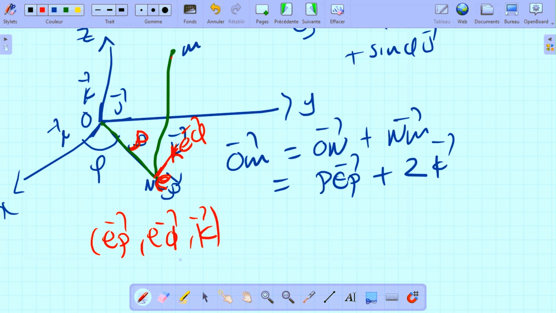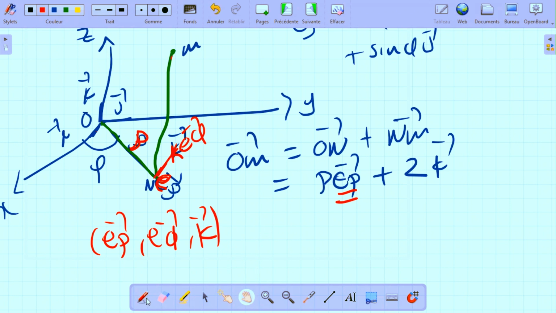This is what you need to know about the système de coordonnées cylindriques. There are no new unit vectors that are defined in the cylindrical system, because you borrow e rho and e phi from the polar coordinate system, and you also borrow k.